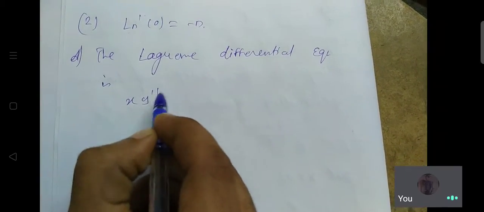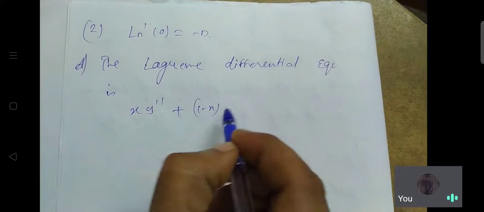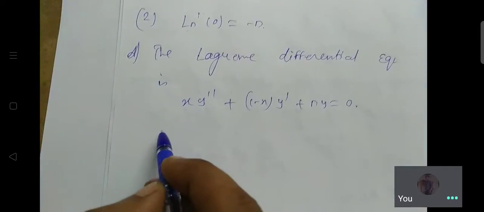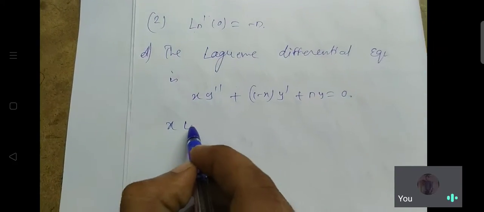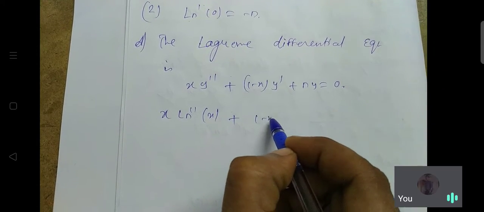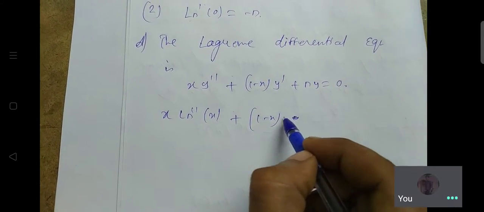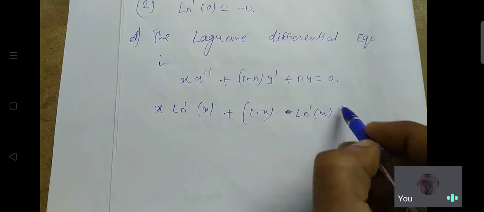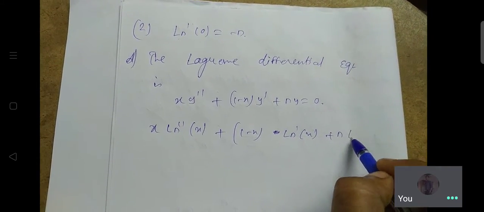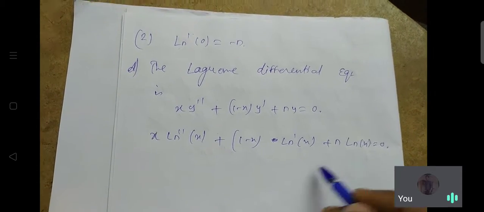x y double prime plus 1 minus x into y prime plus ny, which is equal to 0. So x into Ln double prime of x plus 1 minus x into Ln prime of x plus n into Ln of x is equal to 0.